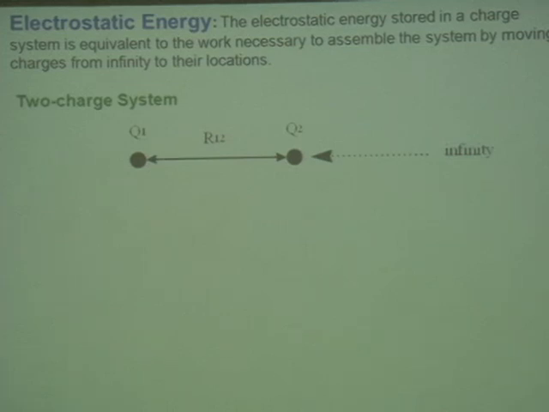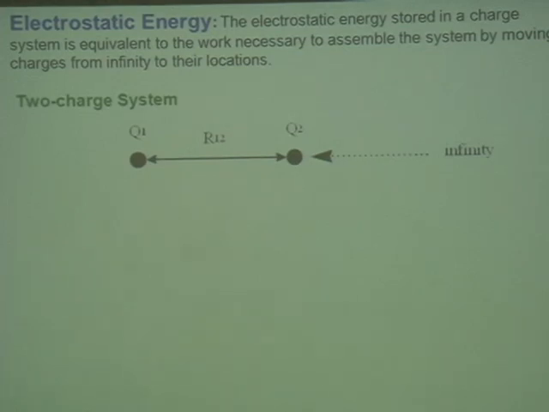So this is the energy stored inside the system. Well, because this problem is symmetric, you can also say that, well, somewhere in universe there's charge already there. And then I take this Q1 from somewhere at infinity and then to this location with a separation of R12. So again, this is an easy calculation, right?